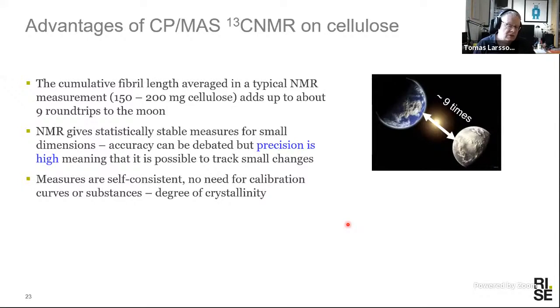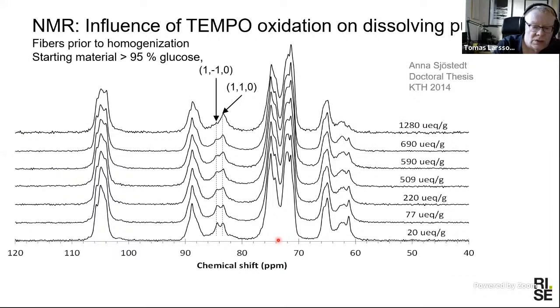So essentially the calibration curve is based on assumptions, and that means it's not necessarily correct, but NMR doesn't suffer from that problem. Once we have our description of the C4 region, we can get that number out, and we are independent of both calibration curves and substances.